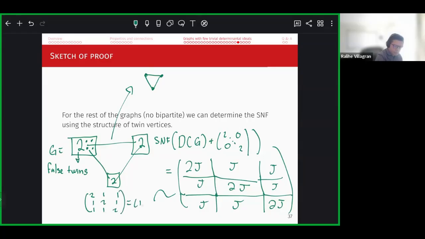And that works. I don't remember if this is 2 or 4, exactly, for the Smith normal form, sorry. So it's a diagonal of 1, 1, and 2, let's say. But the point is that that works.